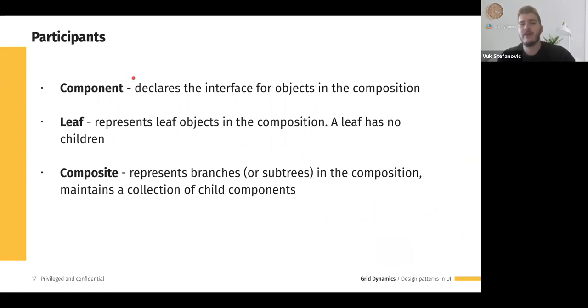The participants in our example will be components, leaves, and composites. The component is the one that declares the interface for all of the objects in our composition. The leaf is the leafmost object, so it cannot have children. And the composite is like a branch in our tree, like a subtree, and it can contain children, and children can be other leaves, or they can be composites also.